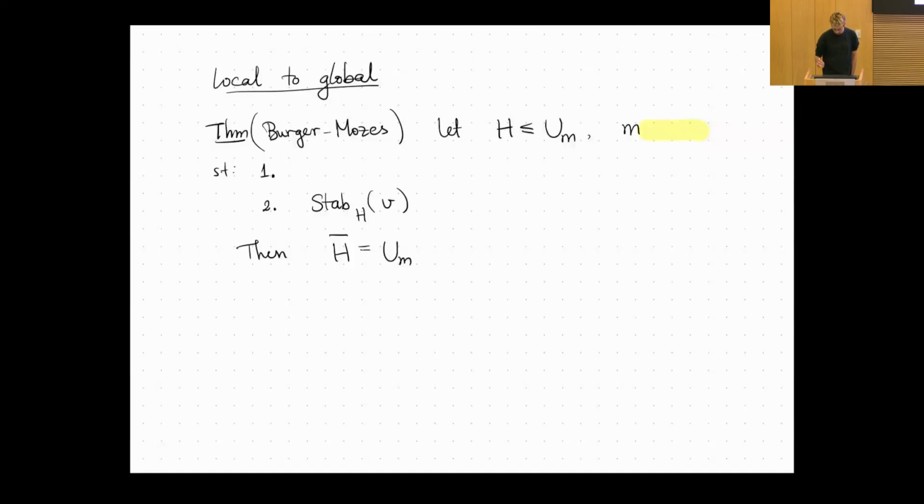Okay, and assume, so first of all, let's assume that M is at least 6. This is related to, we want alt of M minus 1 being simple. Okay, and let's assume two things about H. The first thing is that H is vertex transitive.